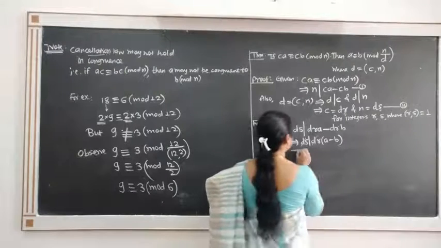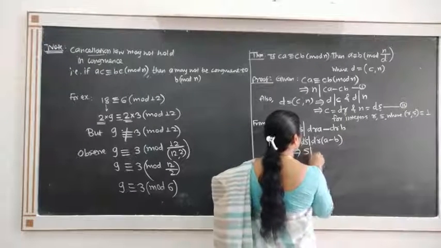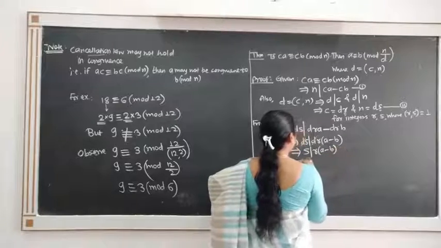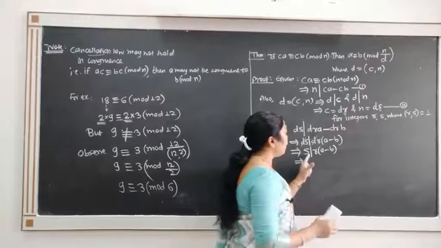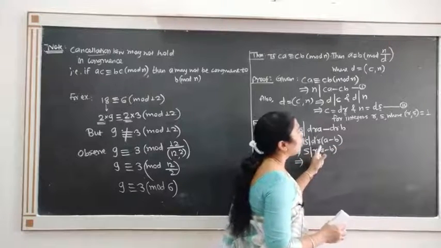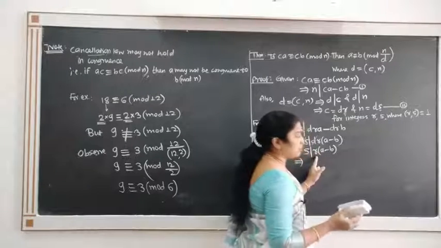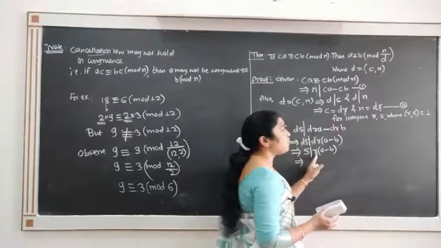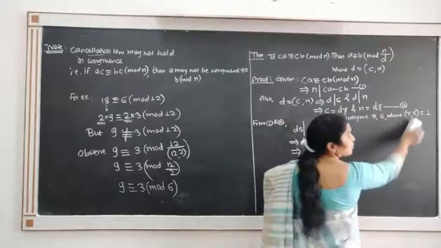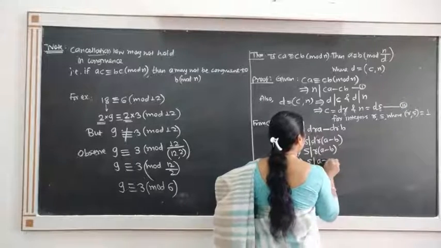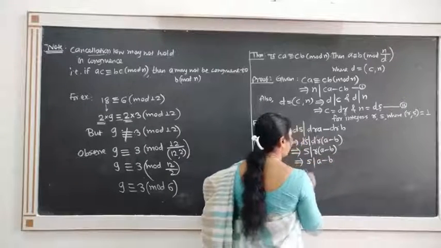So D gets cancelled. This implies S divides R into bracket A minus B. But we know that GCD of R and S is 1. So obviously S will not divide R because their GCD is 1. So this implies S divides A minus B.